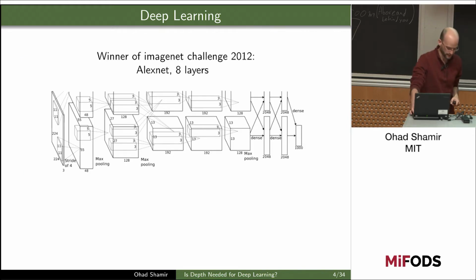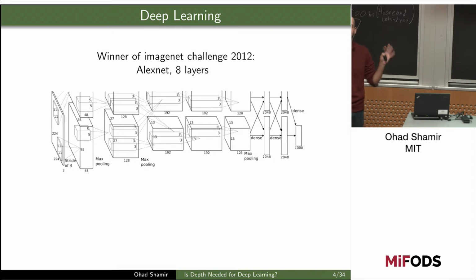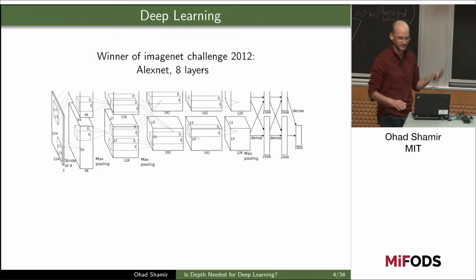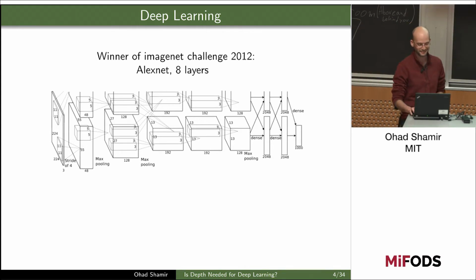Now, one of the things that distinguish modern neural networks, those associated with these huge improvements on many applications, is that they tend to be very deep, much deeper than classical neural networks from the 1980s and the 1990s.